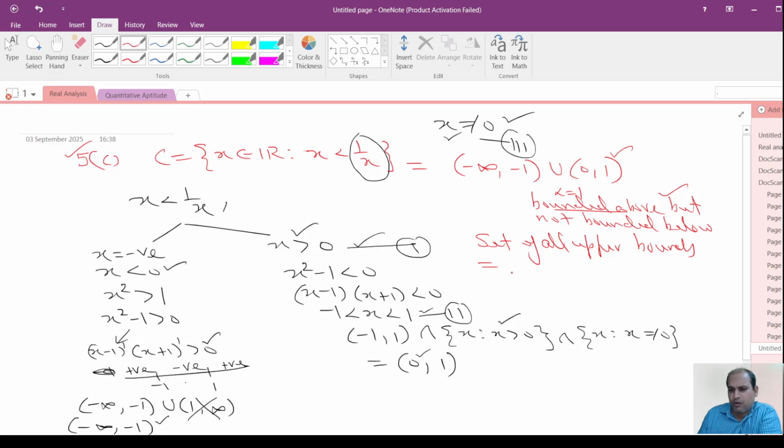Set of all upper bounds will be 1 to infinity, and supremum is the least upper bound of the set. So, the least upper bound of the set C is 1, whereas this set is not bounded below.